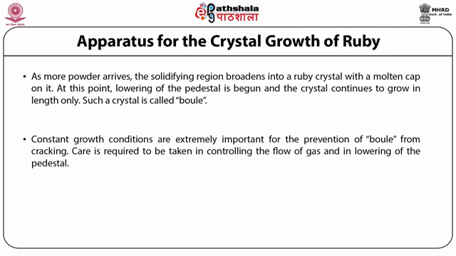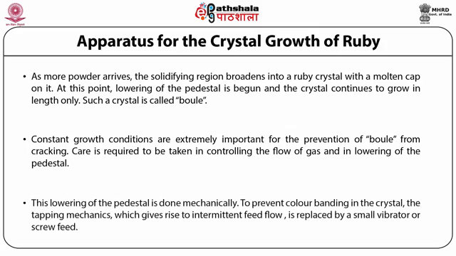Care is required in controlling the flow of gas and in lowering of the pedestal. This lowering of the pedestal is done mechanically to prevent color banding in the crystal. The tapping mechanism, which gives rise to intermittent feed flow, is replaced by a small vibrator or screw feed.